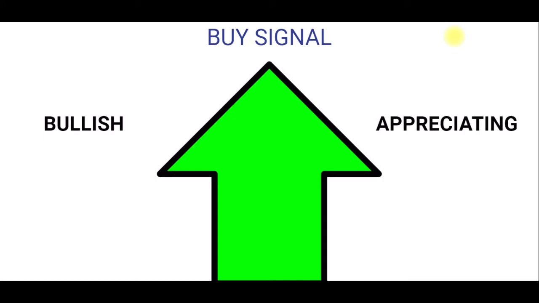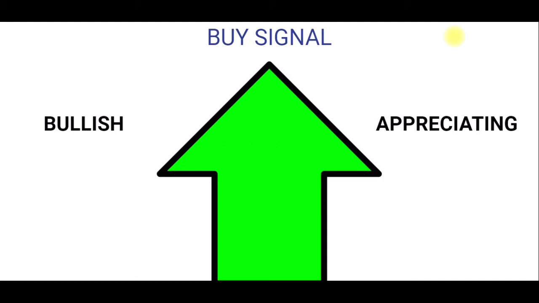These are terms used when we're talking about something in the financial market that's appreciating in value, gaining in value. Any of those terms, this is what a buy signal represents. Okay, that's what it represents.